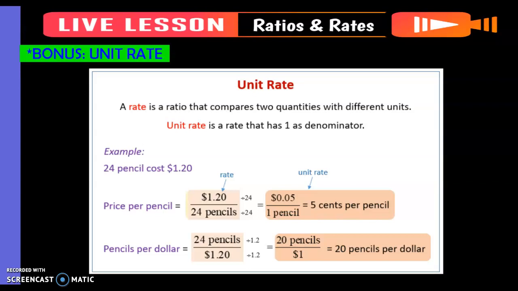What makes it a unit rate is when you find out the price per pencil. So if you say that it's 5 cents for 1 pencil, that is a unit rate. Also, you could say pencils per dollar, which will be 20 pencils for $1. So anytime you have that 1 at the bottom in your denominator, that is considered a unit rate.